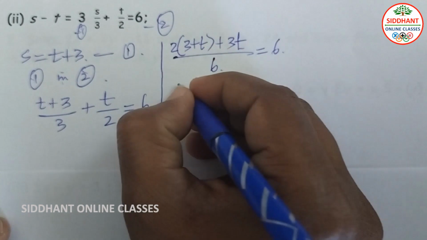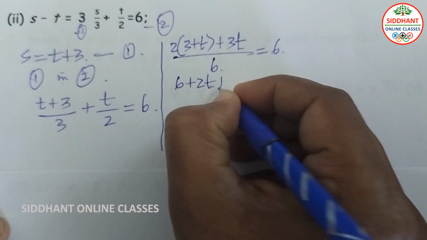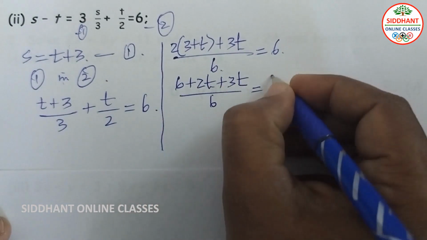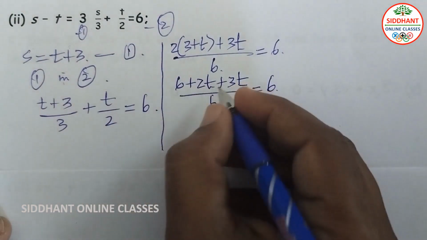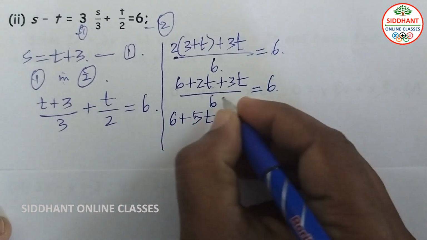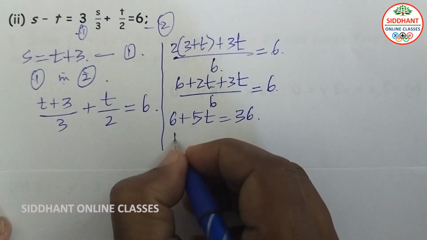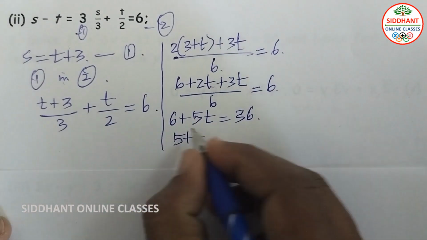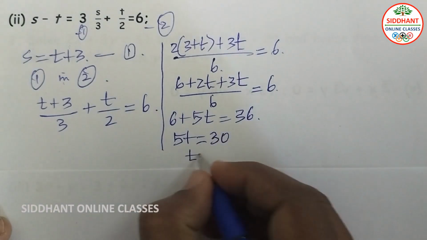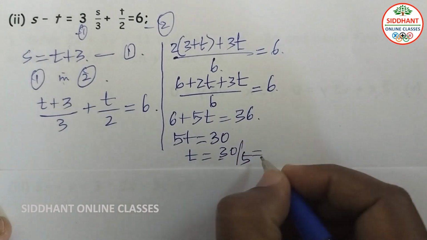Now 3 into 2 is 6, plus 2t plus 3t by 6 equal to 6. 6 plus 5t equal to 6 into 6, that is 36. Then 5t equal to 36 minus 6, that is 30, and t equal to 30 by 5, which is equal to 6.